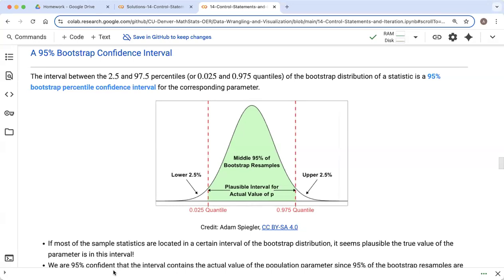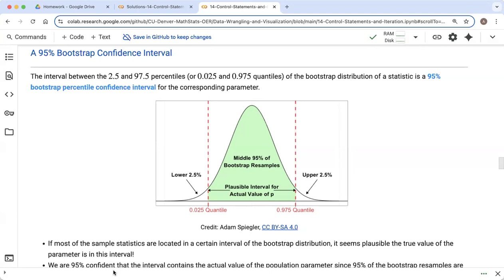bootstrap confidence interval. And as with regular confidence intervals, we have a confidence level that we can attach to the estimate. The most common confidence level to choose is a 95% confidence level, but we can choose other confidence levels, and we'll take a look at that.